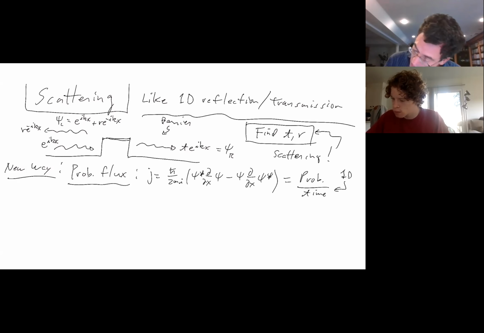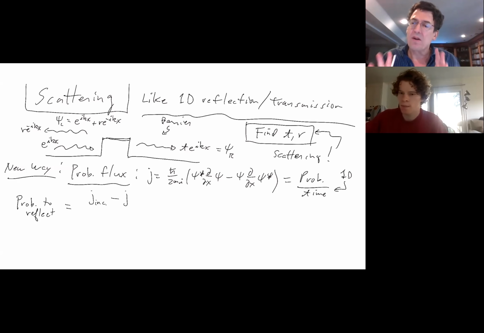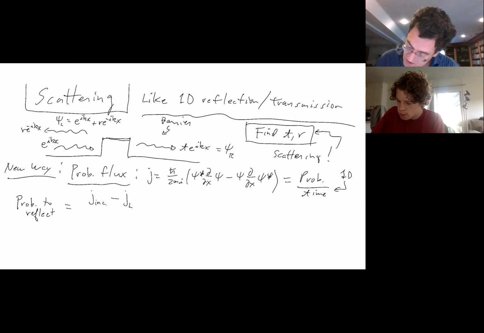So the new way of thinking is that the probability to reflect from the barrier is equal to the probability flux of the incident wave minus the probability flux that you get with the barrier. That's the probability flux that you calculate by using the wave function on the left side, this one I'm circling.